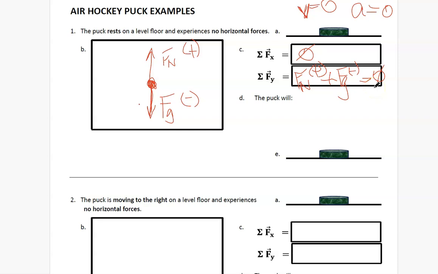Well, if there are no horizontal net forces on the puck and there's no vertical net force on the puck, it will remain doing what it was doing, which is it will remain at rest. And that means the puck will just keep staying with a zero velocity and a zero acceleration. And that's it for that question.